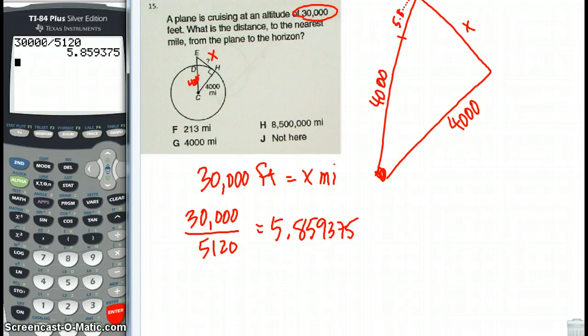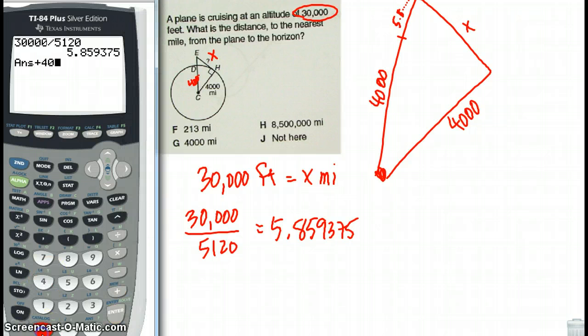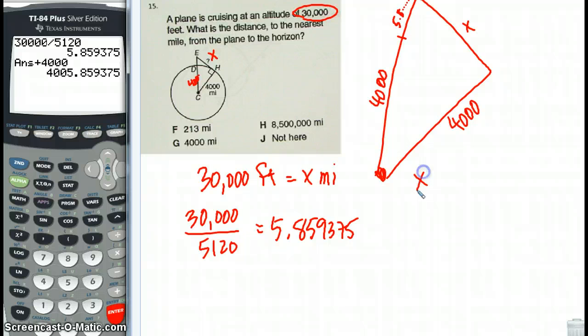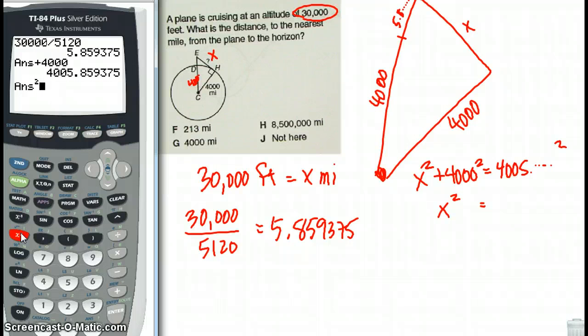So we're going to add on 4,000 to that. And indeed, that's the length of the hypotenuse. So according to Mr. Pythagoras now, this is what we get. And we go solve it. And I'm going to use the calculator here. I'm going to say let's square that previous answer minus 4,000 squared.